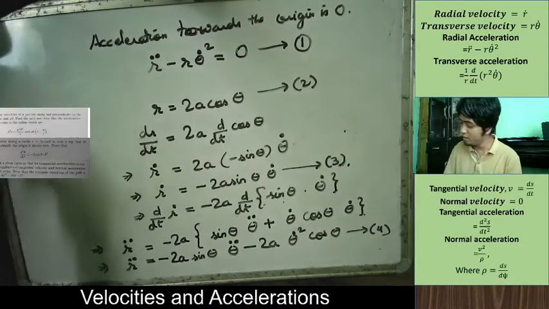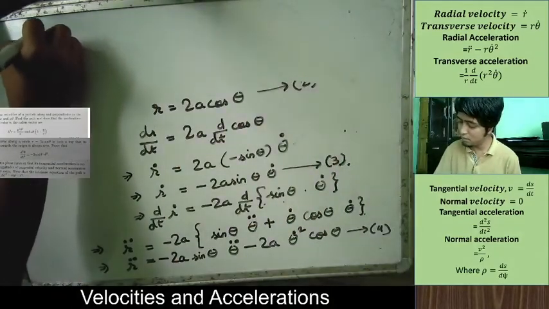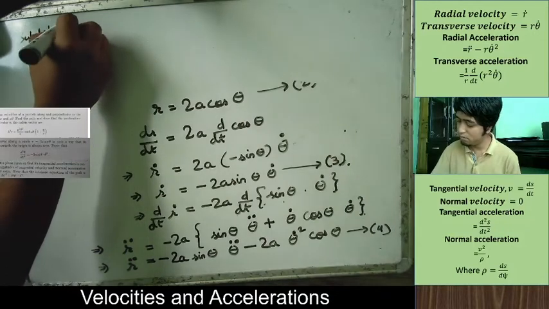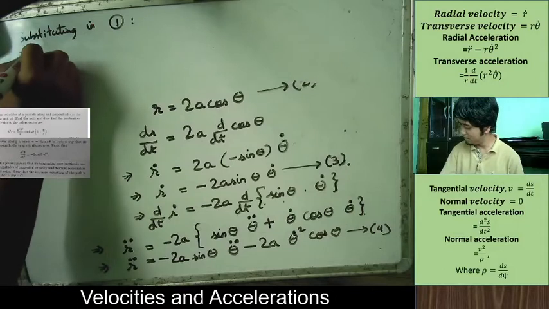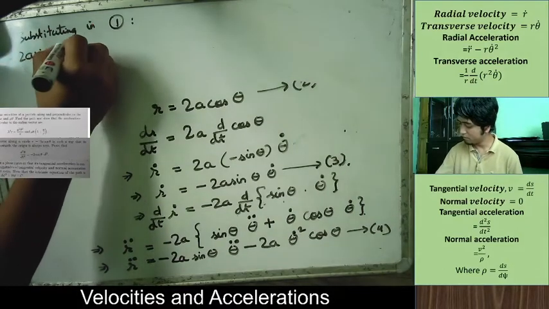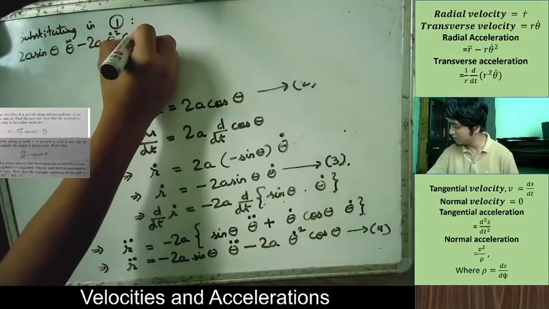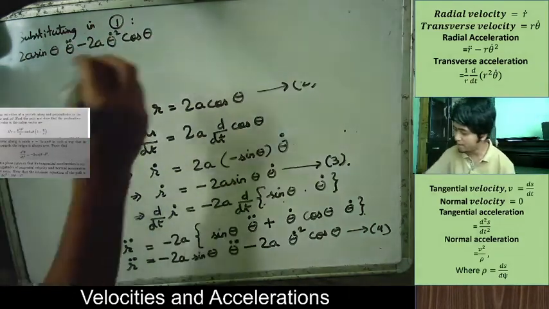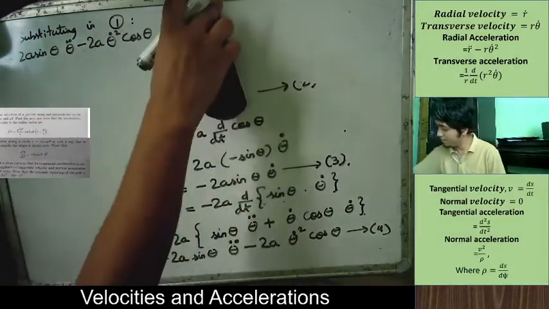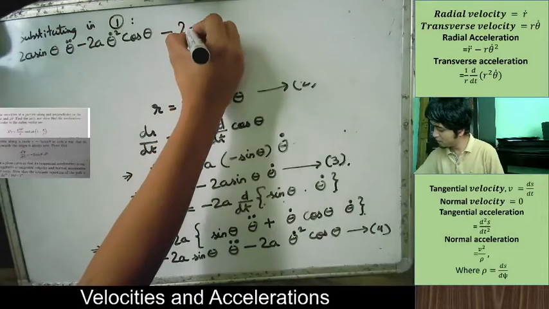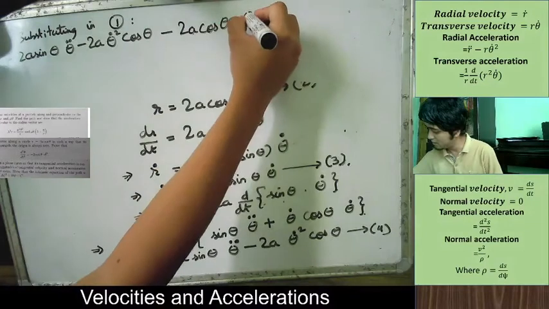Substituting in that equation, which is minus 2a sine theta double dot minus 2a theta dot square cos theta, for r double dot, minus r theta dot square, which is 2a cos theta theta dot square.